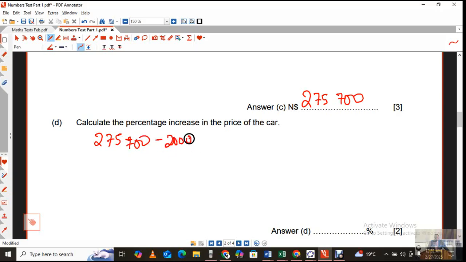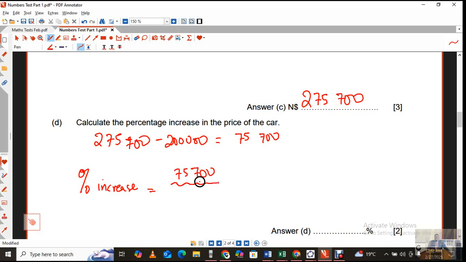If you do that difference, that gives you 75,700. So when you take that and put it over the original, you're going to find the percentage increase.